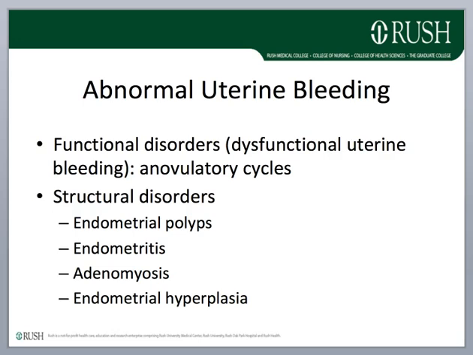Importantly, note that there are benign and malignant tumors, which may also be associated with abnormal uterine bleeding, and endometrial hyperplasia represents a continuum of proliferative changes that can progress to endometrial carcinoma.